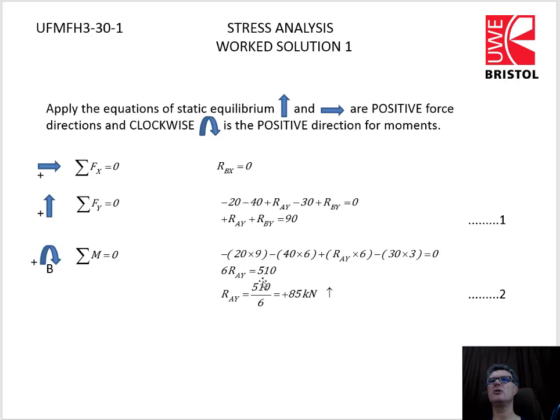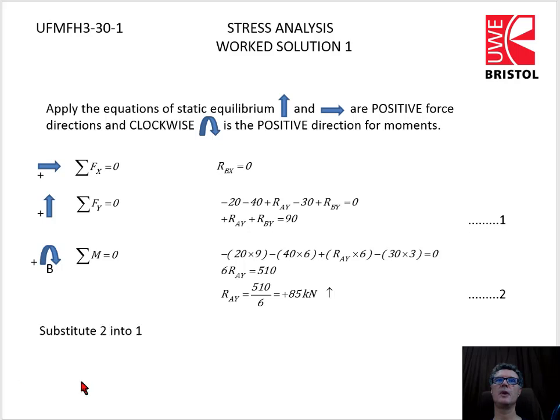So, get my calculator out, I don't want to do this algebra. 20 times 9 plus 40 times 6 plus 30 times 3. Stick it all on the right hand side, and we end up with 510. So 6 RAY equals 510, and 510 divided by 6 equals 85. So I've found this bit of the solution.